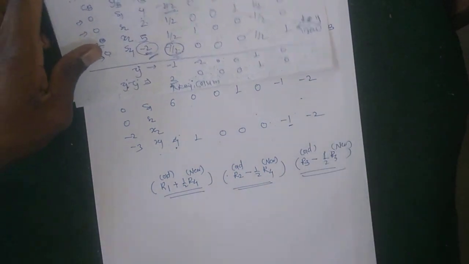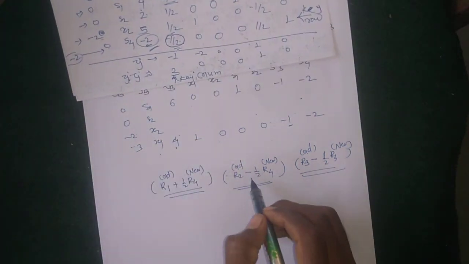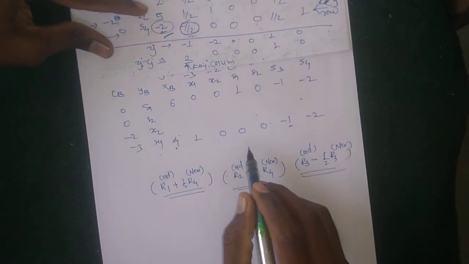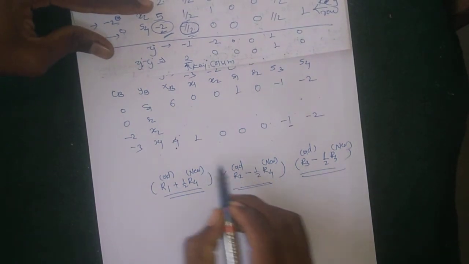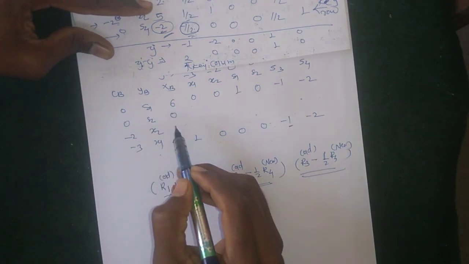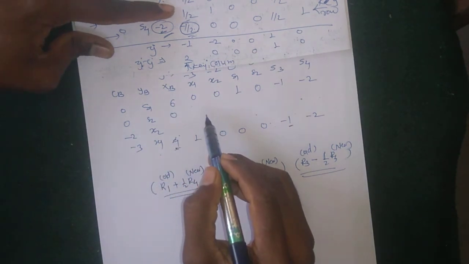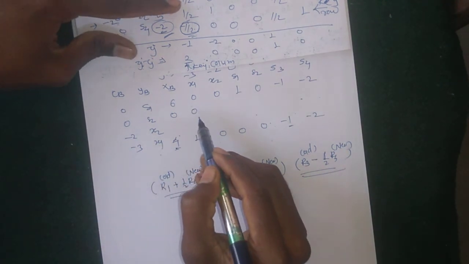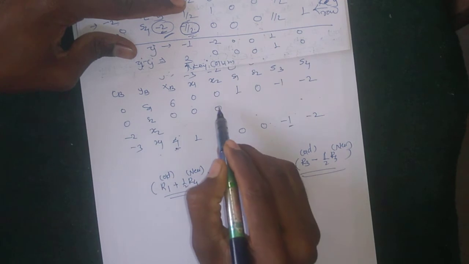minus 2. Then for the R2 row, R2 plus 1 by 2 R4. So 2 minus 2 is 0. Then the x1 column, 1 by 2 minus 1 by 2 is 0. Then the s2 column, 0 minus 0 is 0.